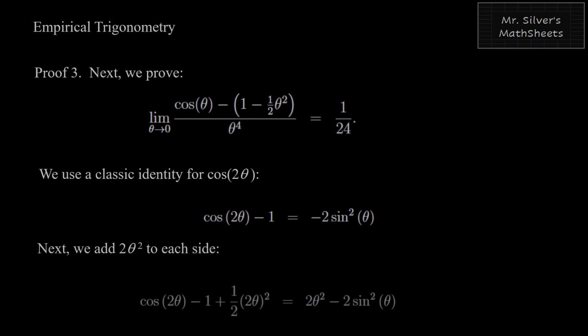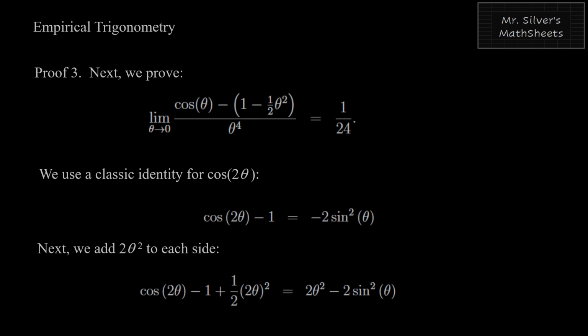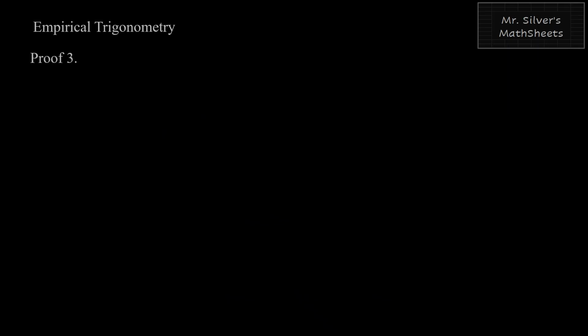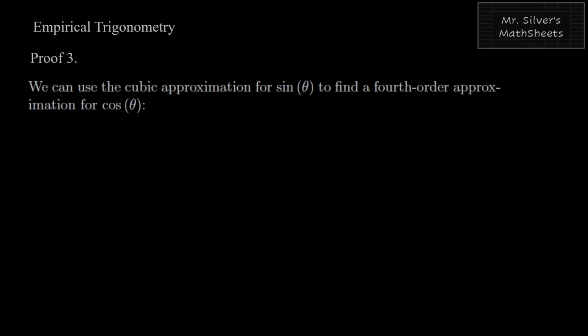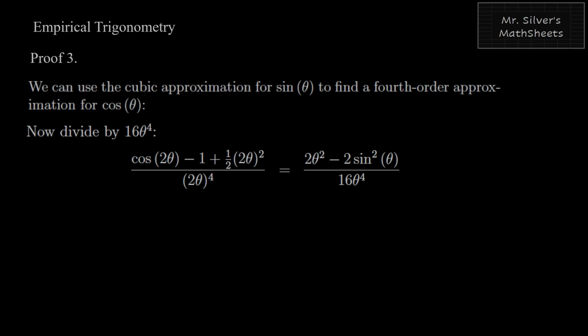Cosine 2 theta minus 1 is equal to minus 2 sine squared theta. We'll add 2 theta squared to each side. The right-hand side will nicely factor. But the first step, we're going to divide by 16 theta to the fourth.